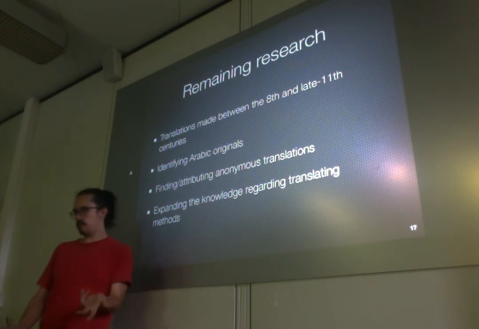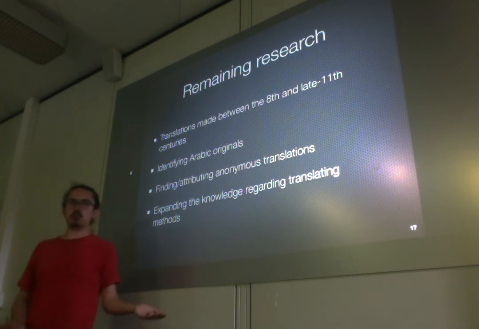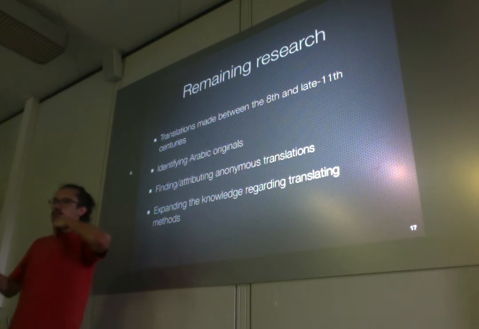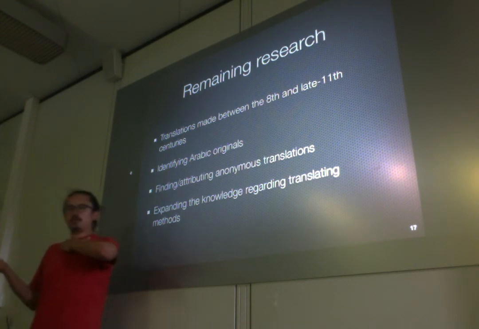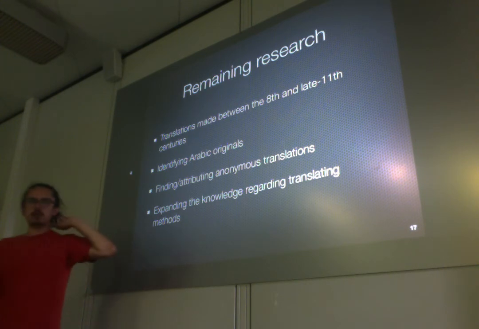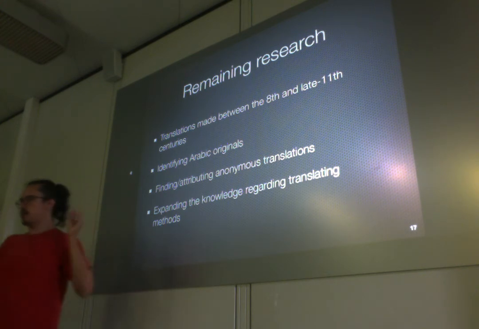So we have to find them, and if possible, attribute them to someone. For example, I was discussing with Adrian yesterday about the work of Dag Nicolaus Hasse, who has been working on attributing many different anonymous translations to different authors.